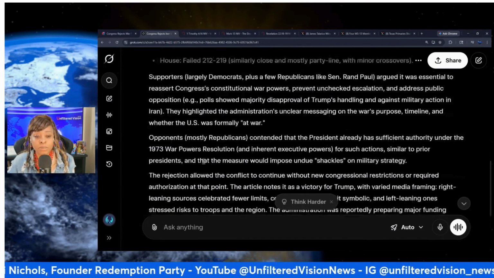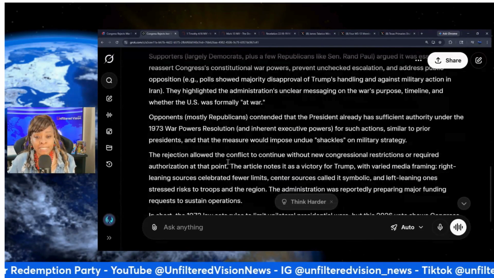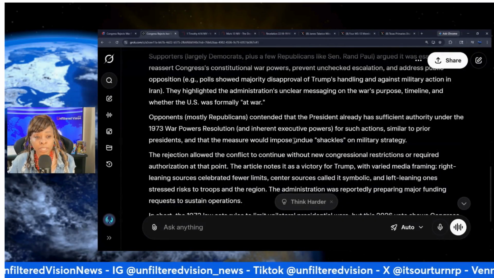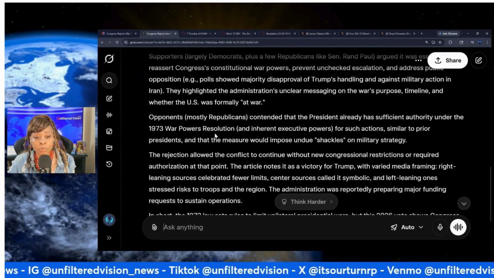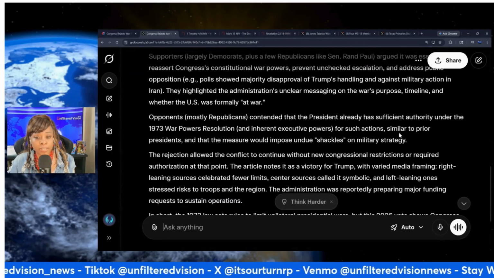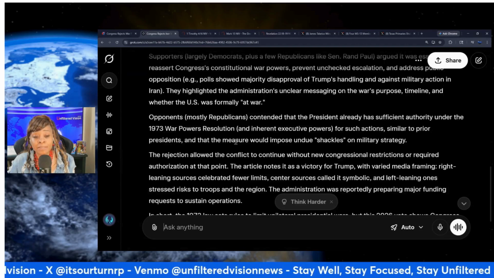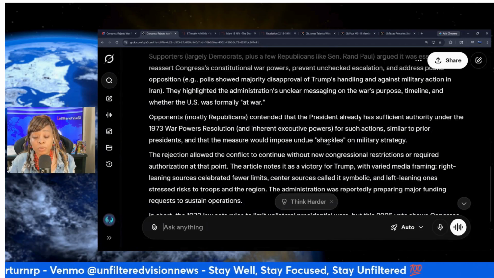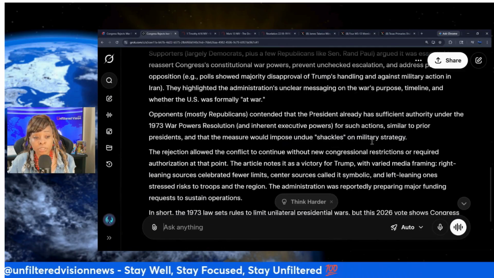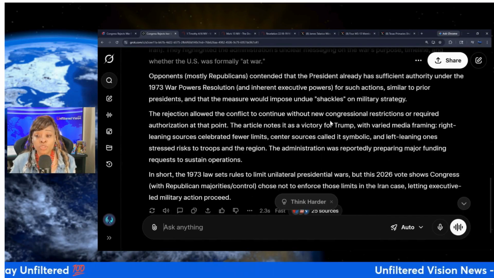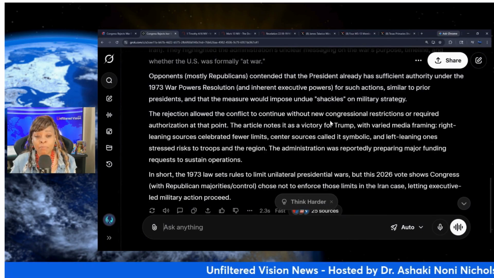Now, opponents, mostly Republicans, contended that the president already has sufficient authority under the 1973 War Powers Resolution for such actions, similar to prior presidents, and that the measure would impose undue shackles on military strategy. So the rejection allowed the conflict to continue without new congressional restrictions or required authorization at that point.